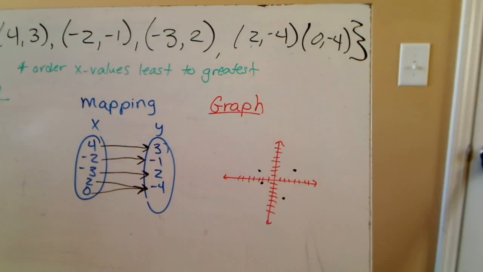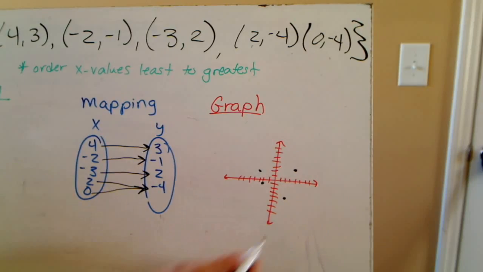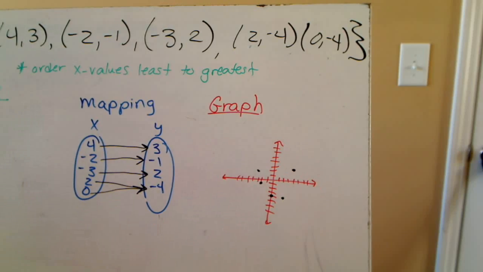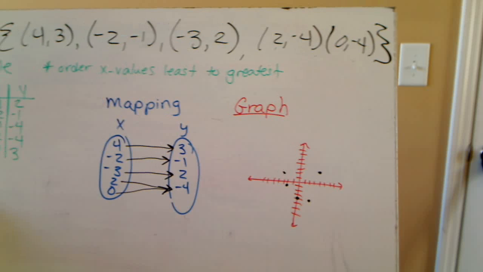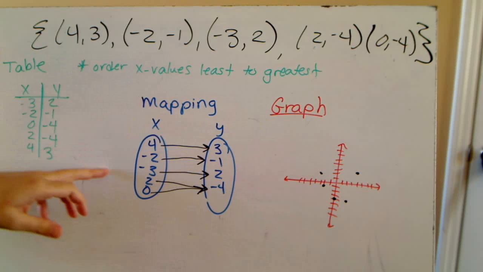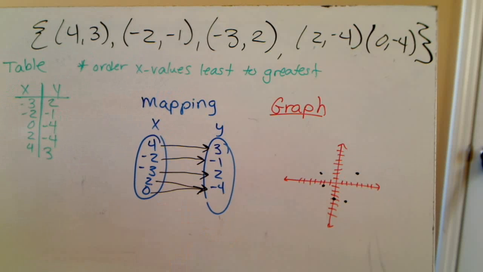And then 0, -4. So we're going to go over 0 places and down 4 places. Okay, they may not make any type of pattern or design, or may not look like anything significant, and that's fine. We're just graphing points. So there are the 4 ways to represent relations. We have ordered pair, table, mapping, and then graphing.